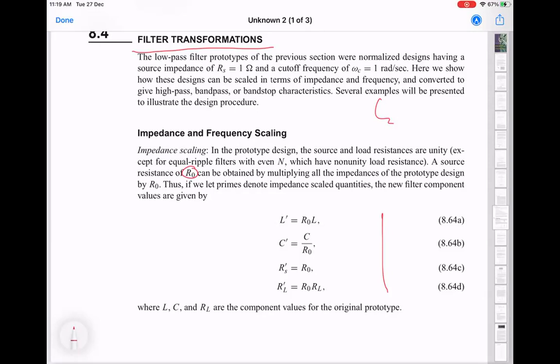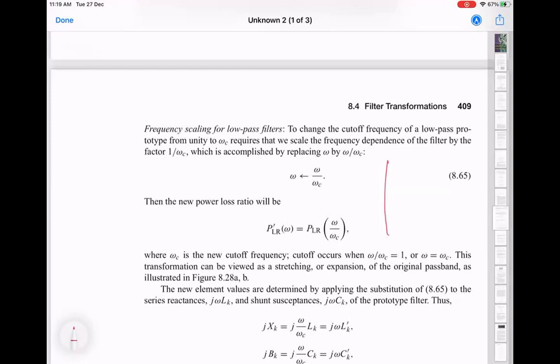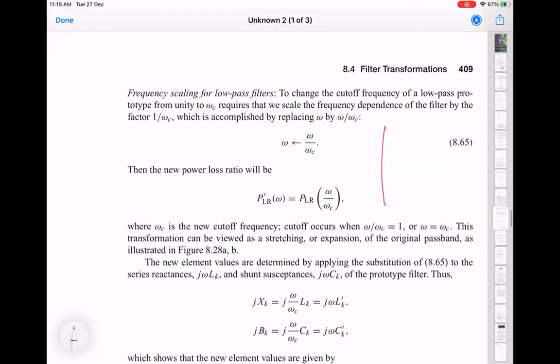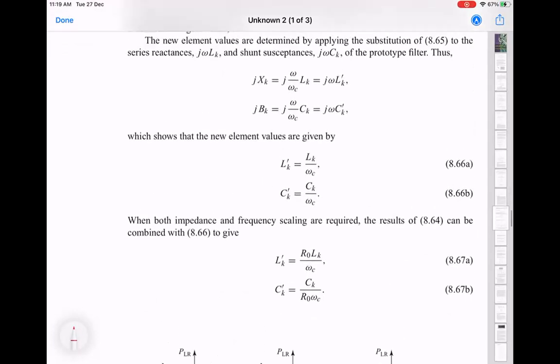And remember that this is still, the units are a bit strange because this is all in terms of impedances, because the frequency part is still written as 1. So that will come next, but this is one step of the scaling. And then you do the scaling by setting omega by omega c, whatever the actual omega c value you want, and then you get these equations.